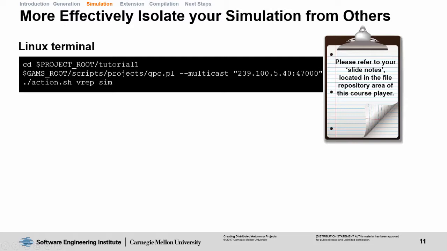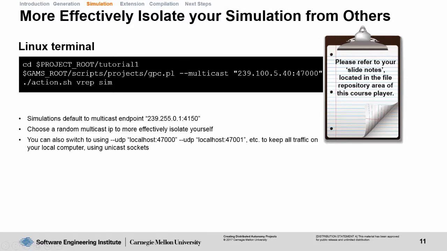After that, you simply launch the simulation with action.sh using vrep and sim, and everything should work. Any simulation that's generated by default will use the multicast endpoint 239.255.0.1. We can choose any random multicast IP to effectively isolate ourselves from anyone else using the network. You can also switch to any other transport, including UDP, DDS, or 0MQ, to completely isolate yourself from other people performing simulations in your network.